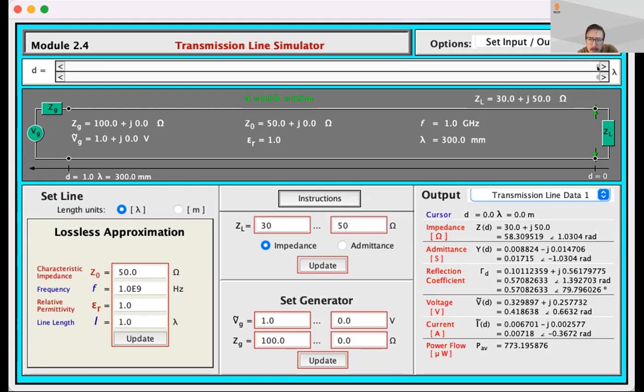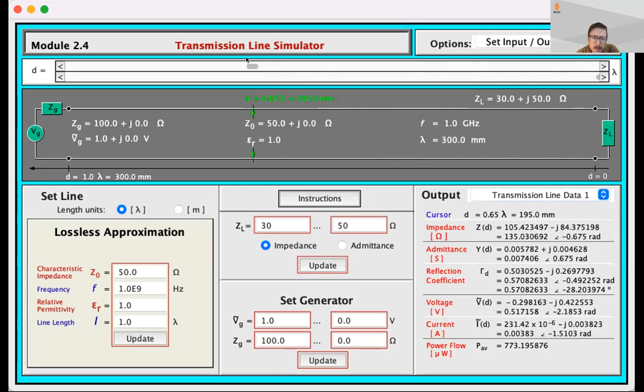Now, what if we move? When we move D, right, we can see all of this stuff is changing. Oh yeah, okay, all right.